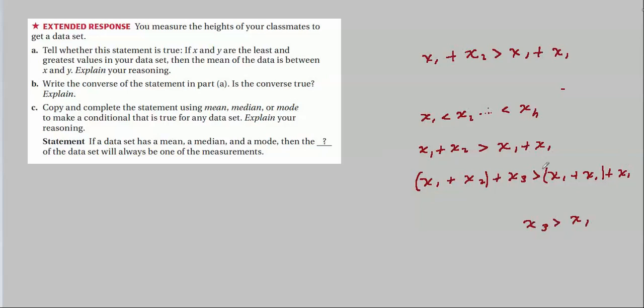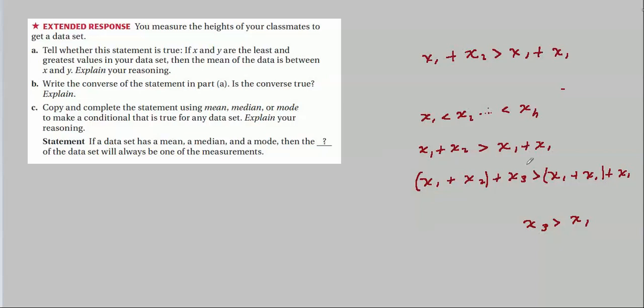Now I can add these up into here without affecting the inequality. Why? Because x3 is greater than x1. So the inequality still holds if I add this over here and this here. If x3 were equal to x1, this inequality would still hold. Adding equals to each side doesn't change it. So if I add something that's even greater than x1 over here, that definitely will maintain the inequality.